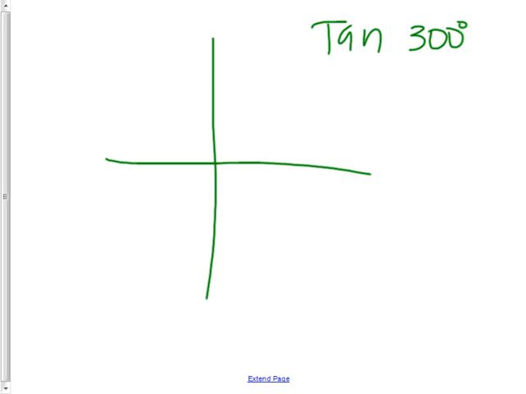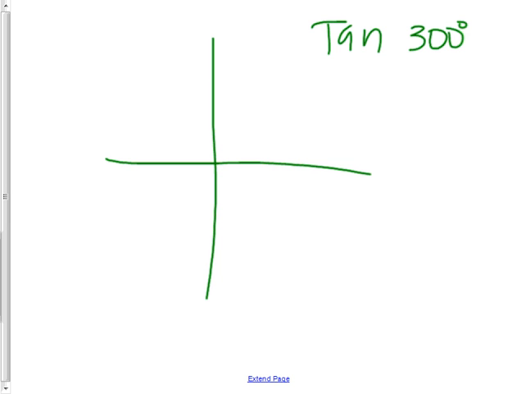Then you got to remember that one of your sides is negative. Pause for a second while you give this one a shot.